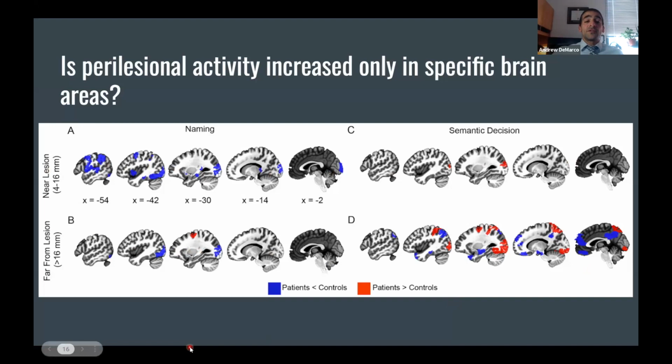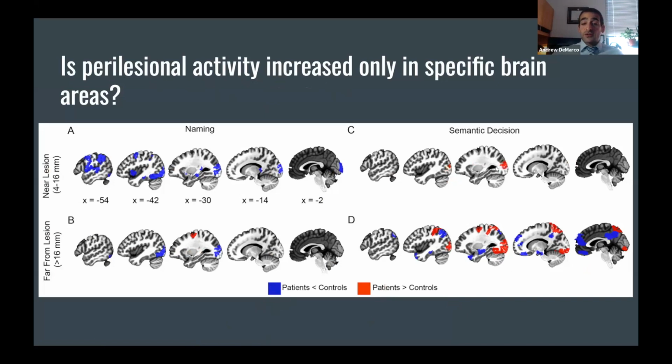Basically, I should say blue is patients less than controls, red is patients greater than controls. Basically, if we were going to see increased activity that's perilesional in a specific brain region, we would expect to see maybe a red area, that is patients greater than controls, near the lesion, but not far from the lesion.